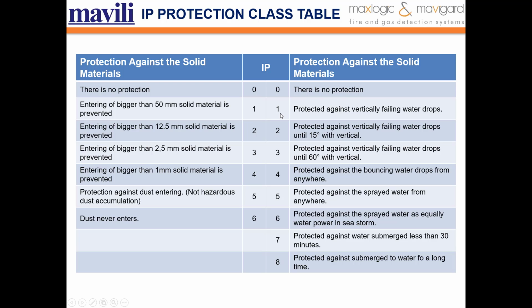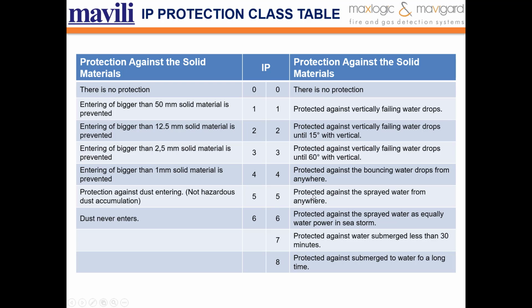There is no protection. For the 1, that means protected against vertically falling water drops. For the 2nd digit, that means it will be protected against vertically falling water drops until 15 degrees with vertical. For the 3rd one, 60 degrees with vertical. For the 4th number, that means protected against the splashing water from anywhere.